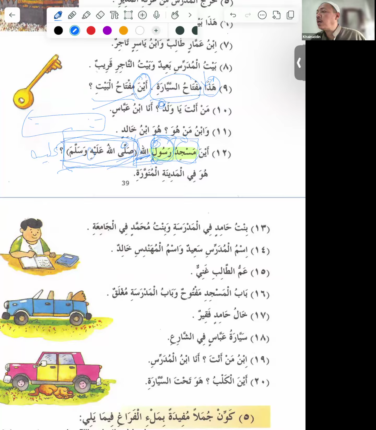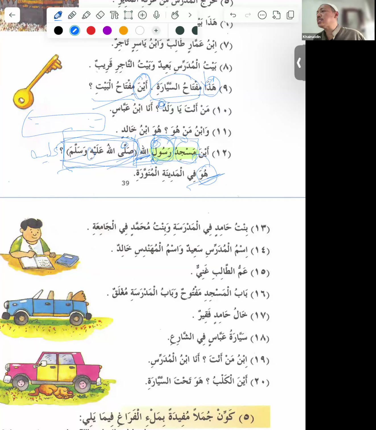So this huwa is not an isim isyarah, sorry, this is a domir. This domir relates to the masjid, and that's why we use a mudzakkar form, huwa, and not hiya.